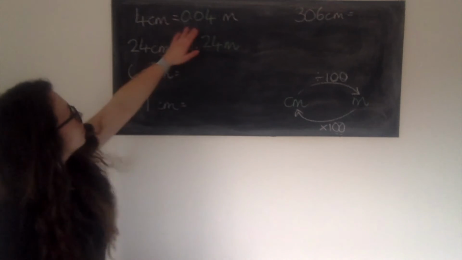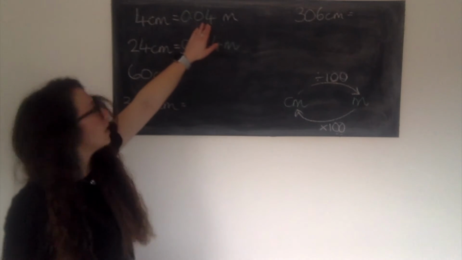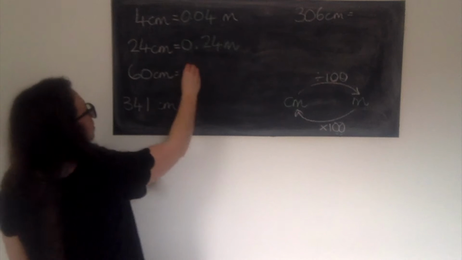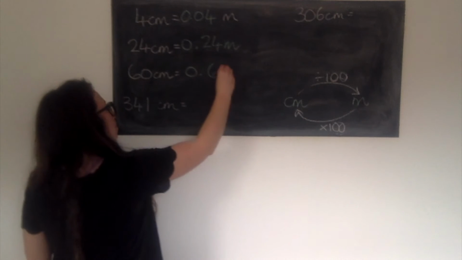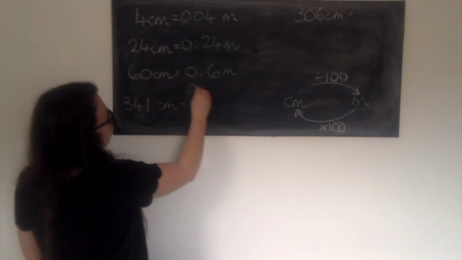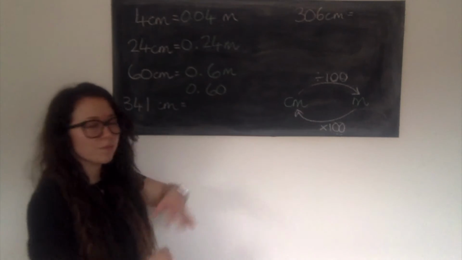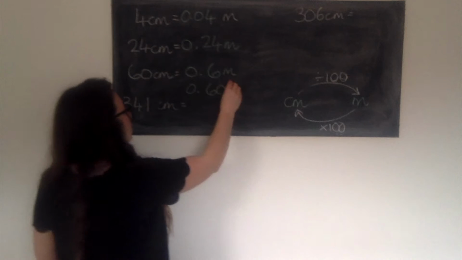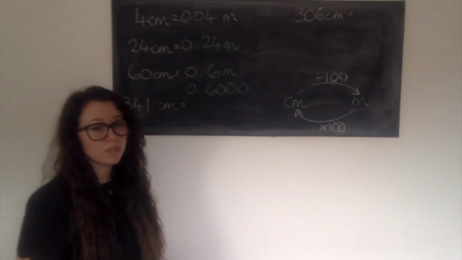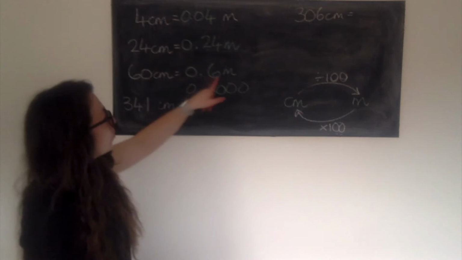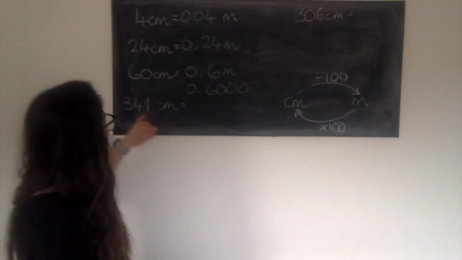Okay, so this one, it's 4/100ths of a metre. 60 centimetres, 0.6 metres. If you've put 0.60, you are correct, but that 0 has absolutely no value. So I could put as many zeros on the end and it wouldn't matter. So all it needs is 0.6 metres.